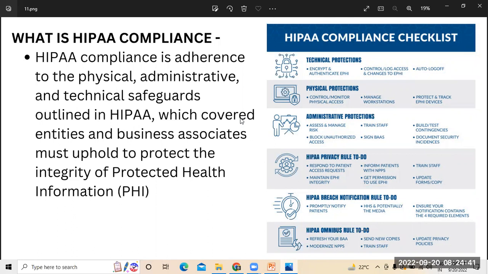Technical protection is the first one, second physical, followed by administrative activities, as well as protection. At the same time, the rules to follow in order to control and maintain privacy. At the same time, breach notification.